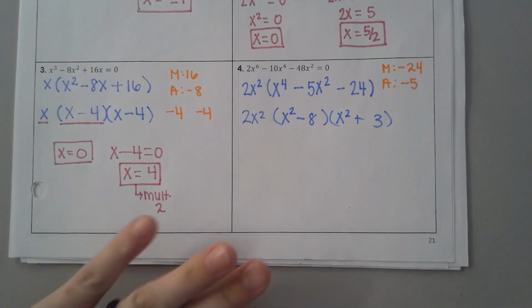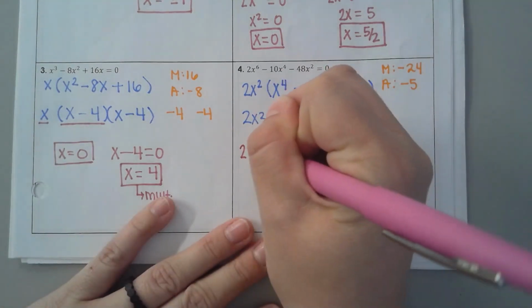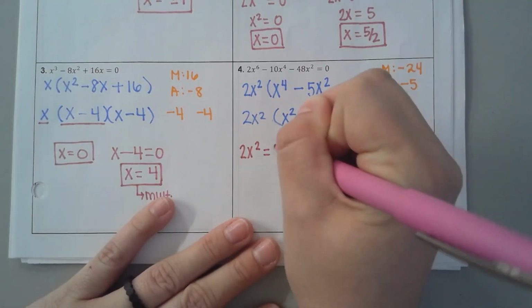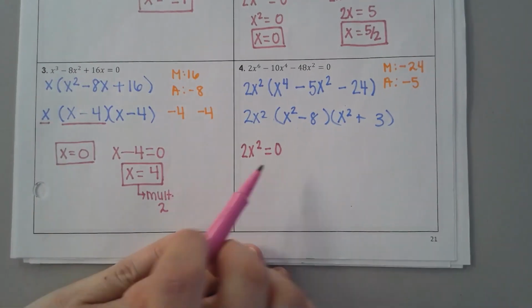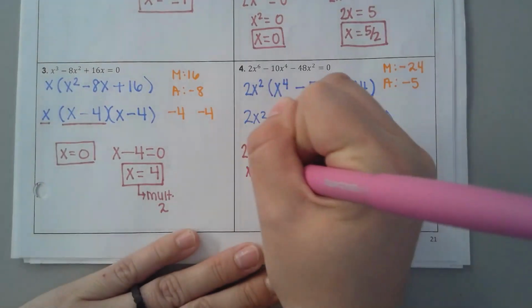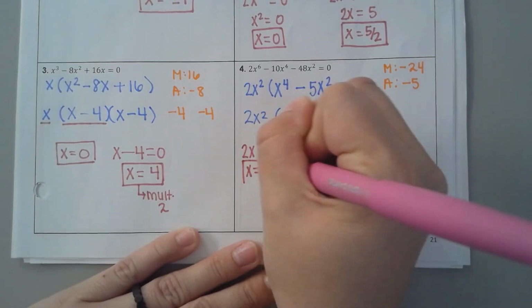So we're going to set each of them equal to 0. And we know that this is equal to 0. We already did that.